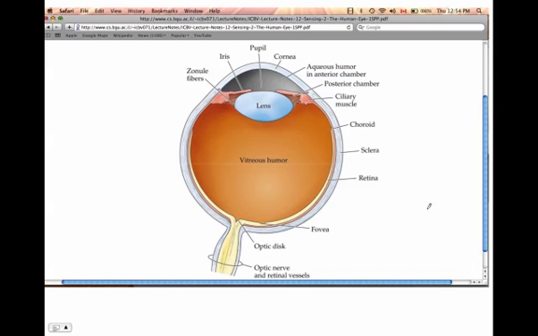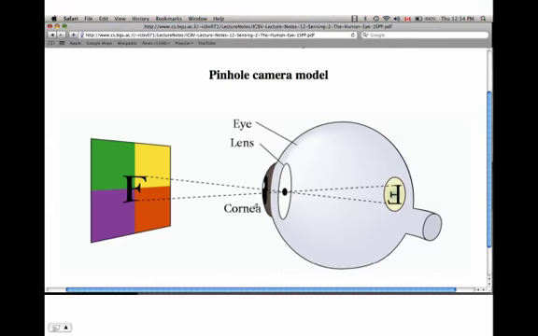Colored light versus black and white light. Here's a more detailed picture. The liquidy part of our eye is the vitreous humor. It's interesting, right here where the optic nerve comes into the back of the eye, that's called our blind spot, which I'm going to speak about in a few minutes.